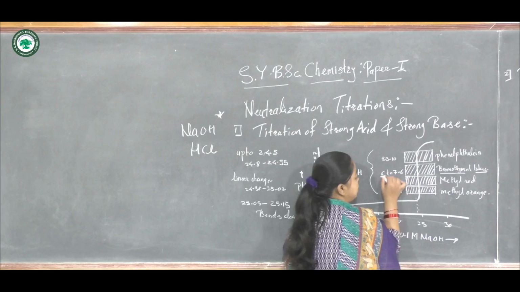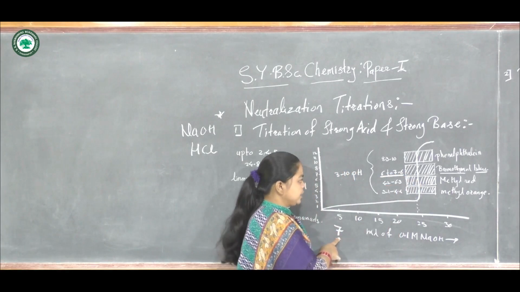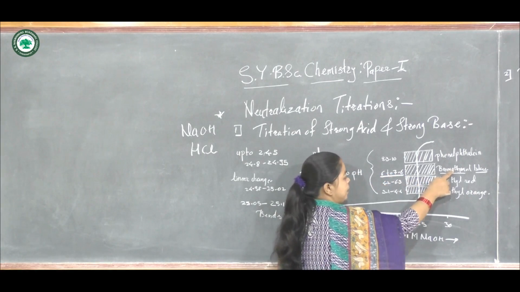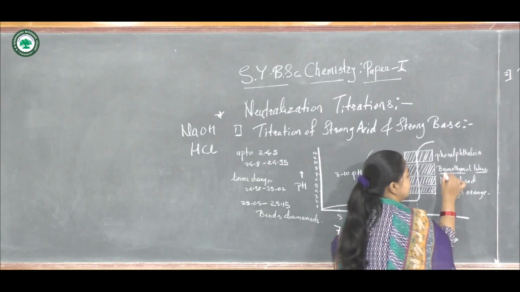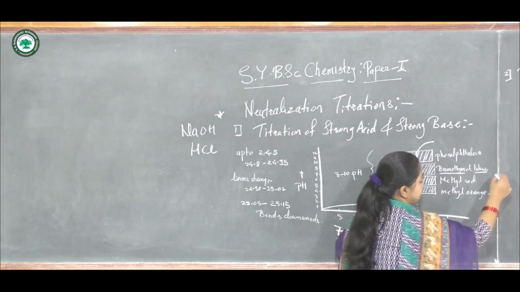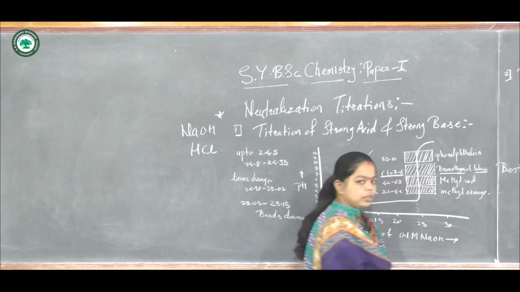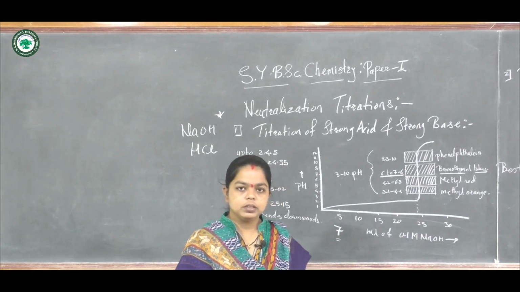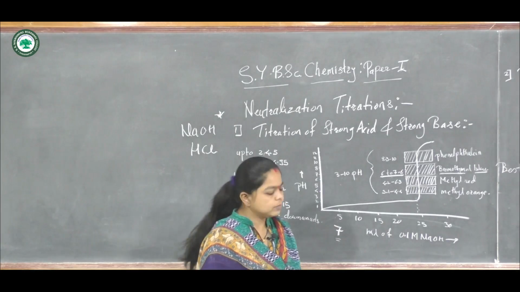So the exact pH value of 7 at the equivalence point is covered by the bromothymol blue indicator. This indicator is found to be the best indicator for the titration of a strong acid and strong base.